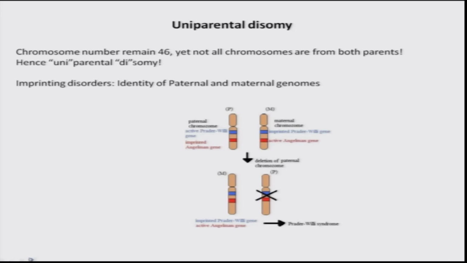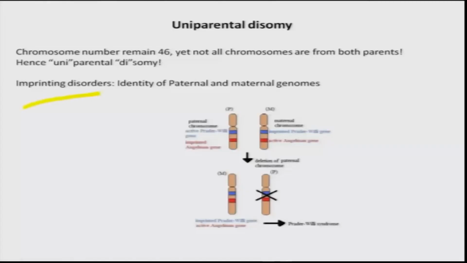But the importance of such contribution, that you should have the chromosome derived from father and the mother, has come from our understanding of a unique group of disorders called imprinting disorders. In these conditions, what we know is there are genes which are expressed only if that particular gene copy is derived from father, or there are genes that are expressed only if that gene copy is derived from mother. So, these are called imprinted genes.